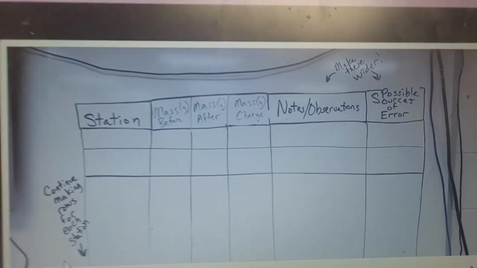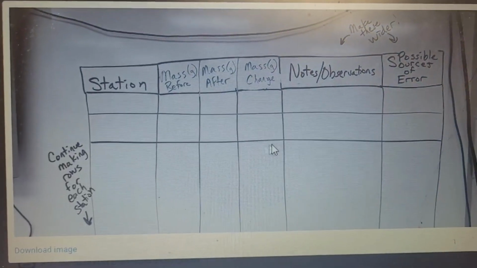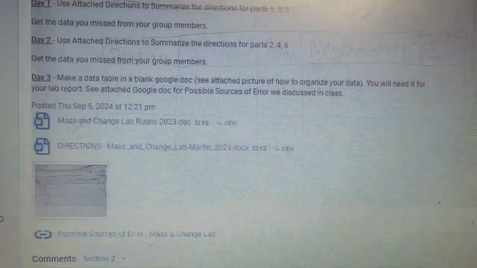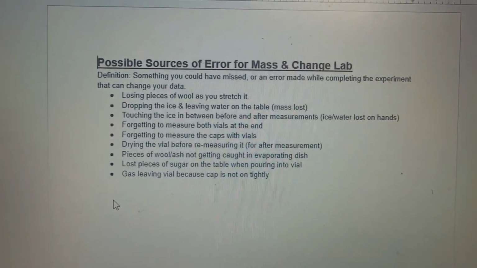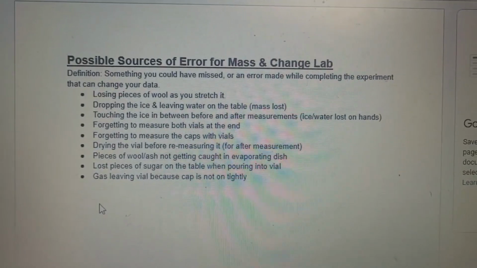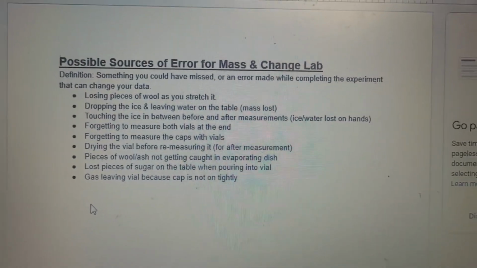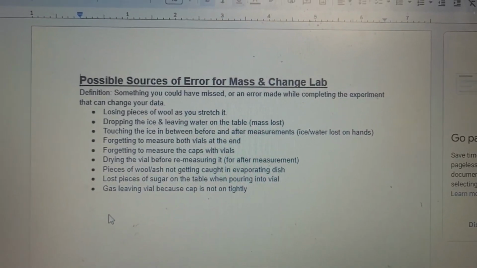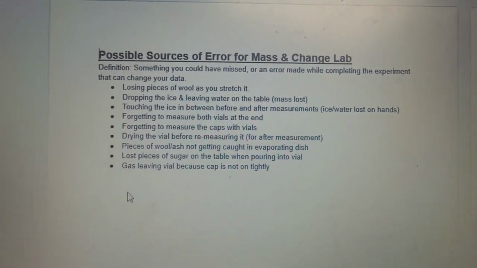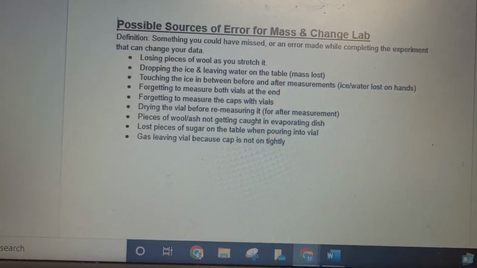This one that we typed out on that Google Doc, possible sources of error. So you're really just kind of pulling from there as you need. And again, if you needed that list again and you're not sure what we talked about in class, these are all the possible sources of error that we talked about. So of course you have to make sure you apply the right one to whatever station that you're talking about. Okay.